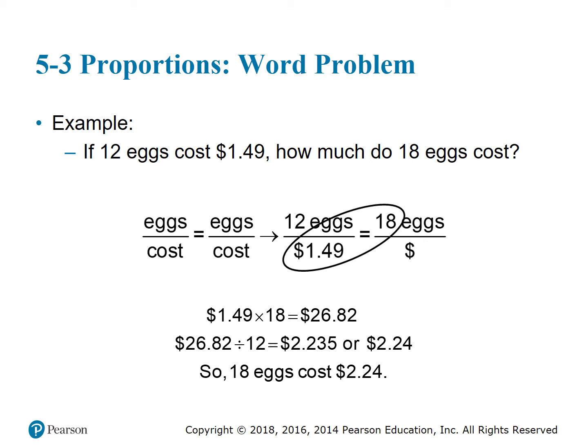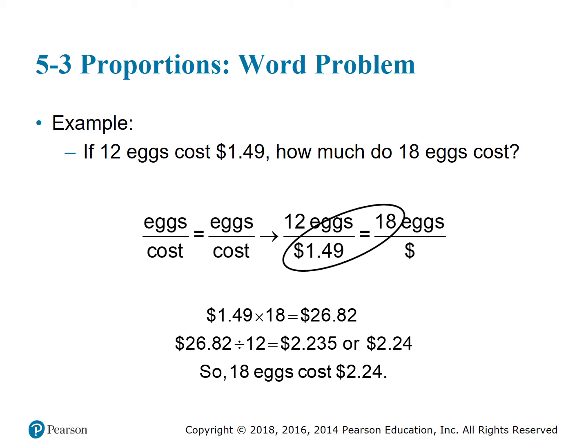All right, so let's set up the problem. Eggs over cost equals eggs over cost. Okay, so on the left side, we're going to plug in what we know. We know that 12 eggs cost $1.49. So we set that up that way. Then we place the equals, and then on the right side of the equal sign, we're going to place our unknown.